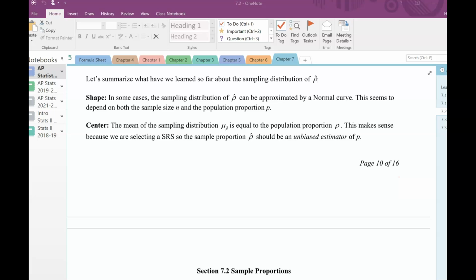This depends on the sample size and the population proportion p. The center of the sampling distribution, take note of the notation there, that's mu of p-hat, is equal to the population proportion. So remember in the applet, when we were doing the Reese's with the orange candies, the center of our sampling distribution in the beginning seemed to be roughly about 0.45, which was the population parameter.